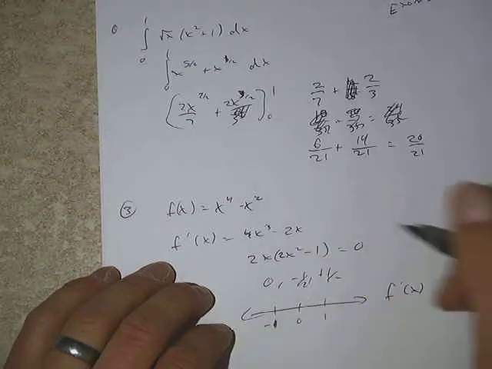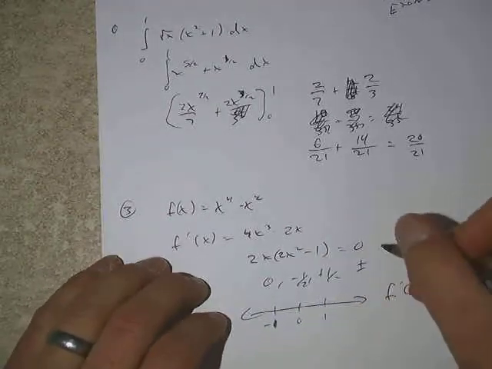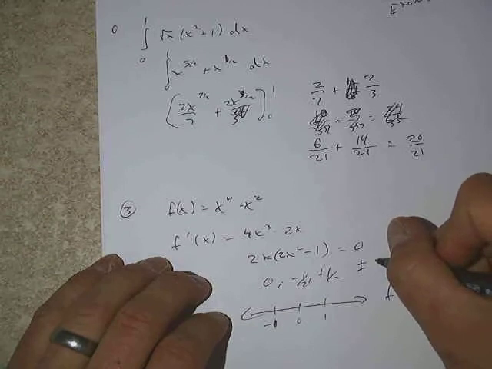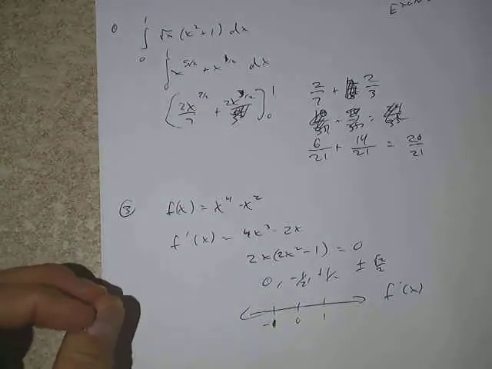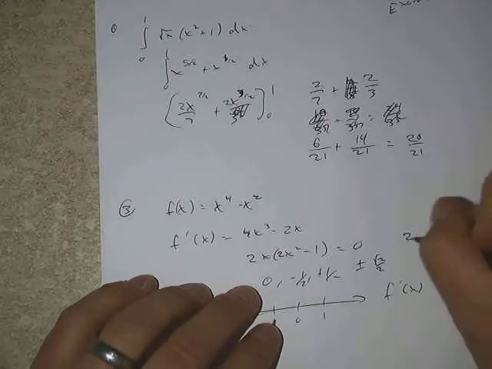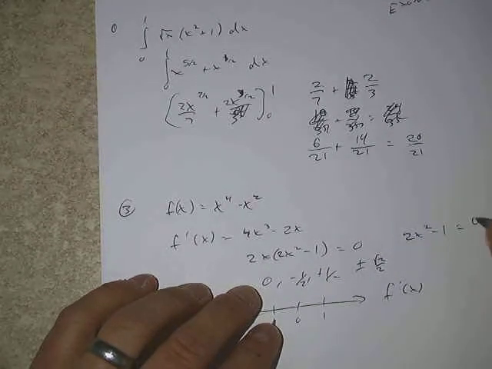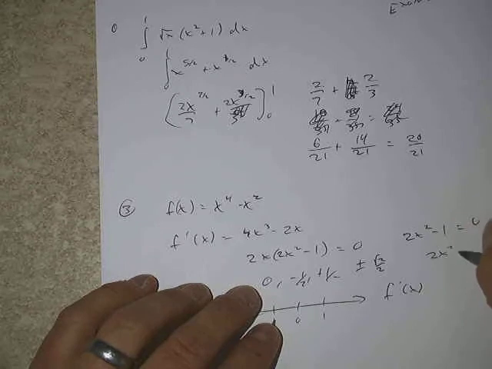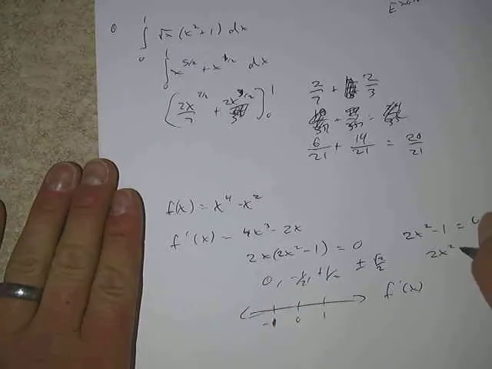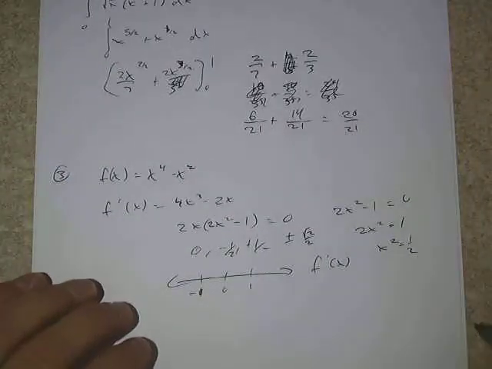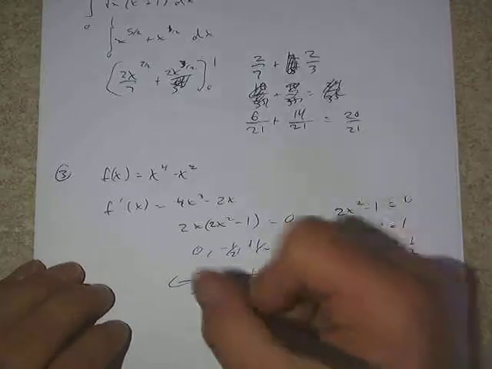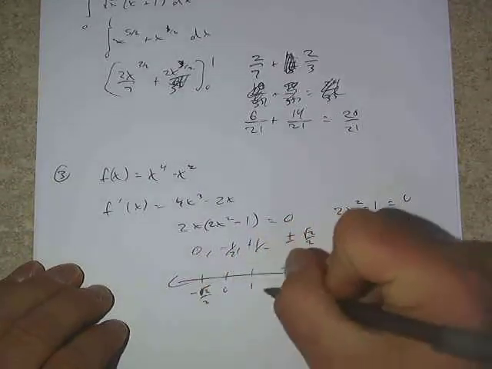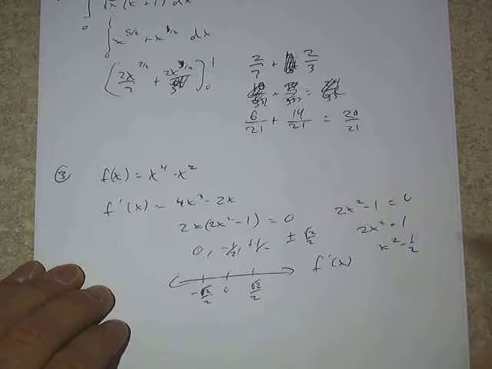So let's try that again. So these would actually be halves, square roots, right? So plus and minus. So we'd add 1 divided by 2, which would be square root of 1/2, so it would be square root of 2 over 2. So 2x squared minus 1. We'd have 2x squared equals 1, so x squared equals 1/2. If we square root both, we'd have 1 over square root of 2, which would be square root of 2 over 2.